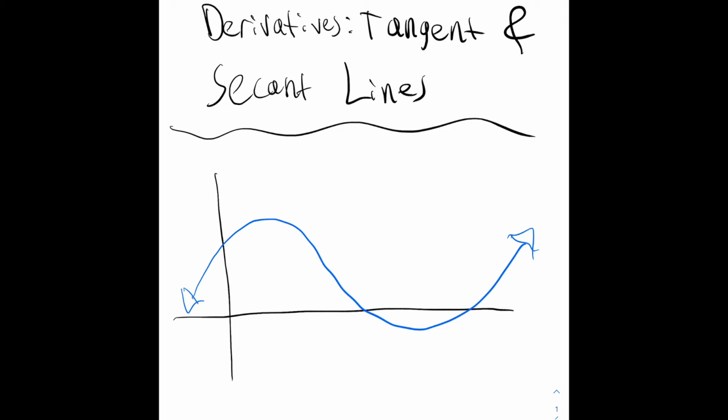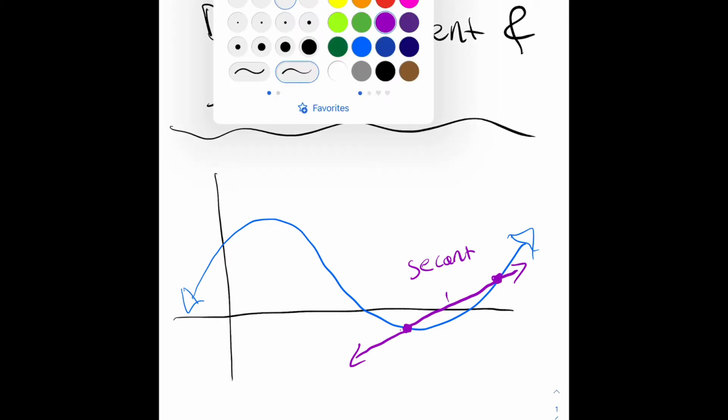So one of the things that we need to talk about is a secant line. Okay, and a secant line works like this, where you touch your graph in two separate places. So a secant line only touches my graph twice.